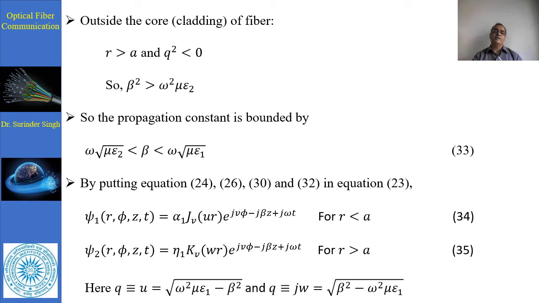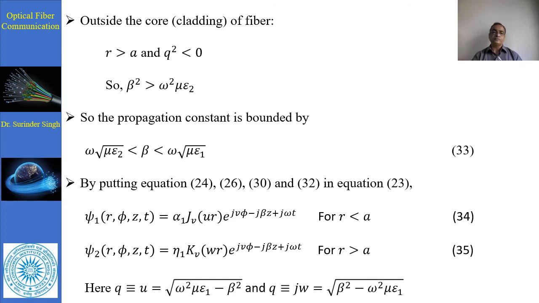Here Jv is the Bessel function, Jv(ur) e raised to the power j v phi minus j beta z plus j omega t, for r less than a. Another solution is psi 2 for r, phi, z, t, in which the modified Bessel function Kv is to be taken, Kv(wr) e raised to the power j v phi minus j beta z plus j omega t, for r greater than a.